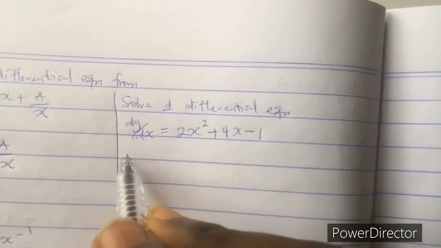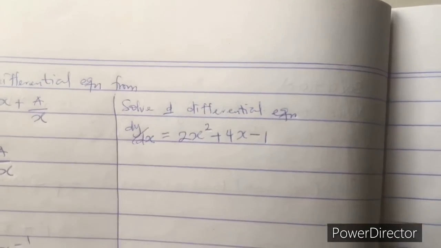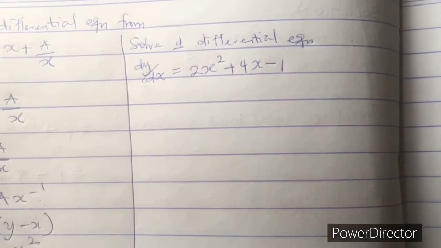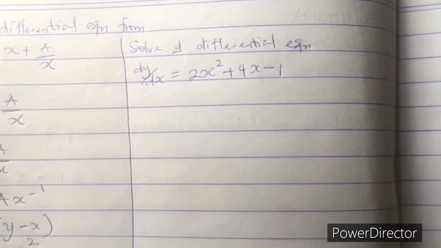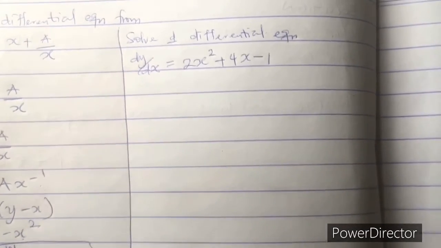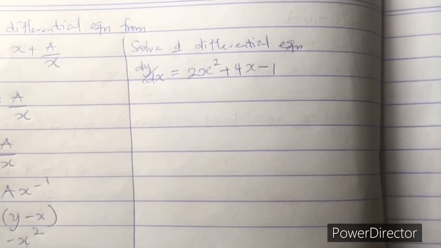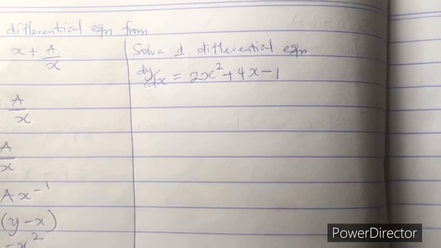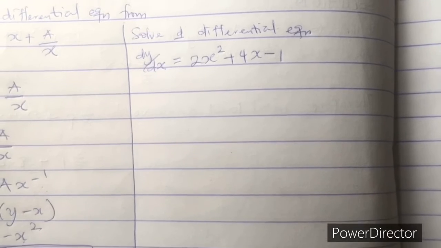Okay, so we have different methods in solving this. The first method is direct integration. We also have other methods that we can use to solve other ones. We have separating the variables.